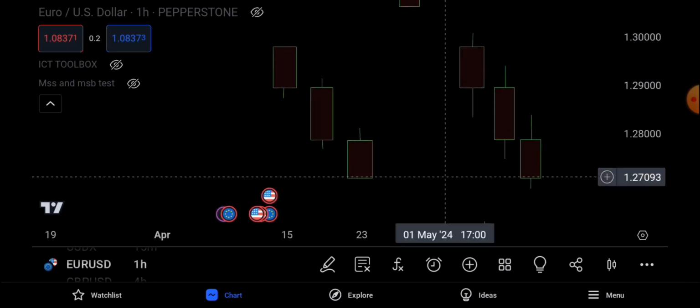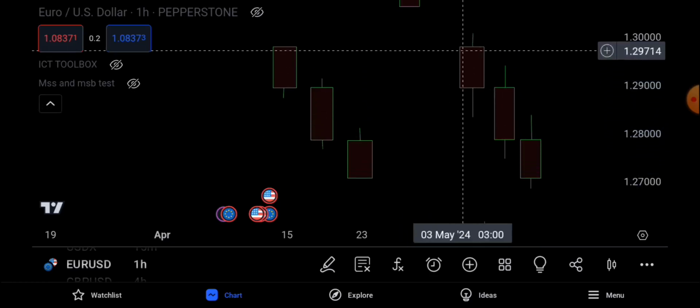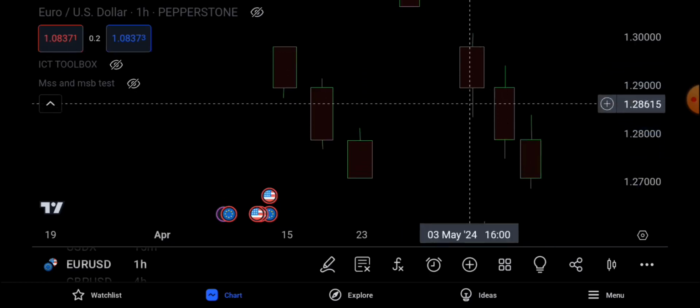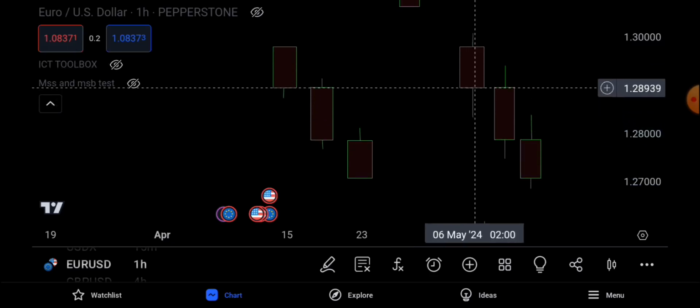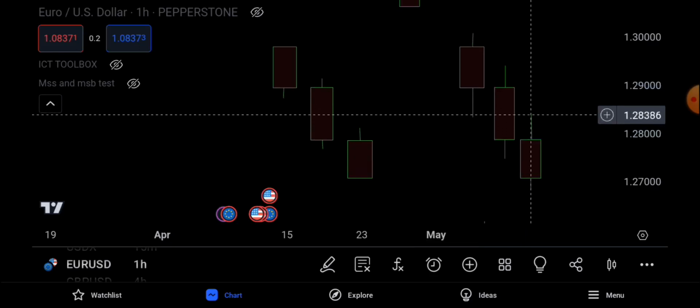In normal cases, when the market price is delivering, you would get something like this, where the wick of the first candlestick overlaps the wick of the third candlestick. This is what we would consider a balanced price range.